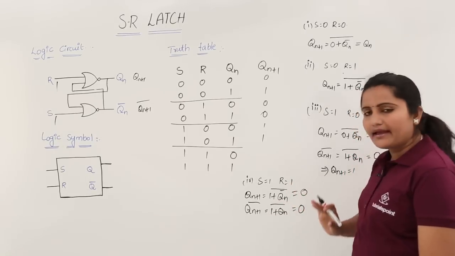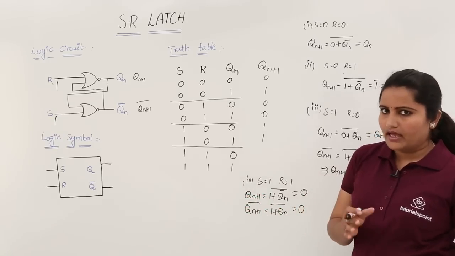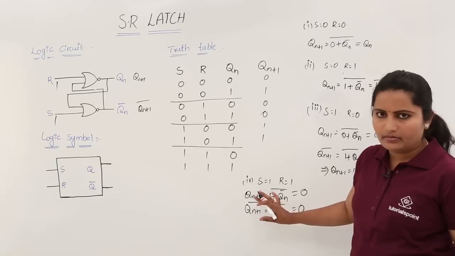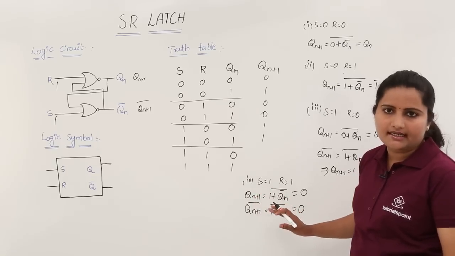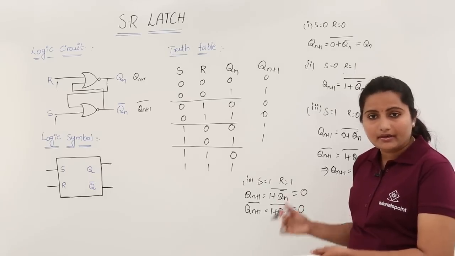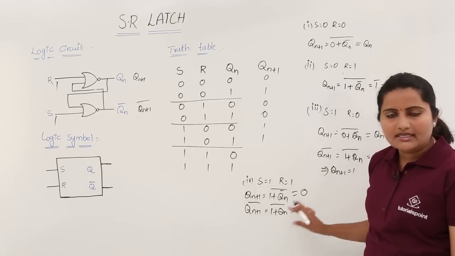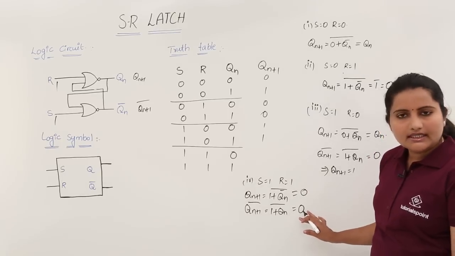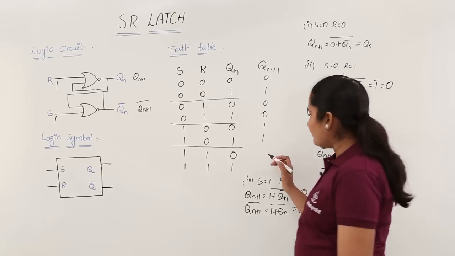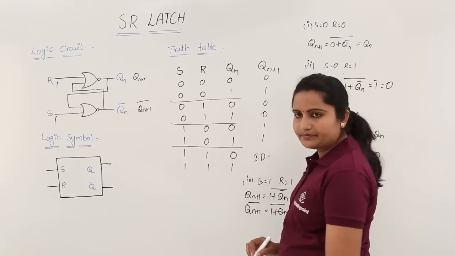That's why this state is not possible. Actually this state is only possible theoretically, but practically it is not possible, and this is called the indeterminate state because the value and its complement have the same value. So that is not possible.